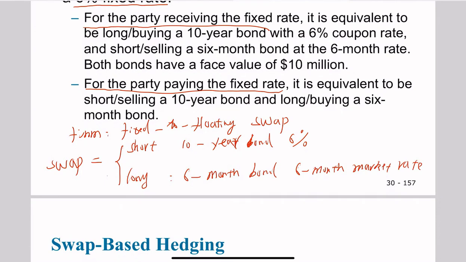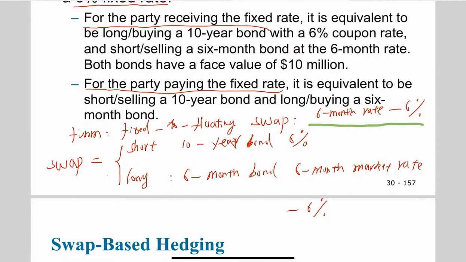So in the case of a fixed to floating swap, the firm will be able to get a floating rate. So let's say it's the 6-month rate. And it will have to pay the 6% fixed rate. Right? So that's the cash flow for the swap. And then in the bond case, if the firm is selling the 10-year bond and buying the 6-month bond, then it will have to pay this 6% rate.